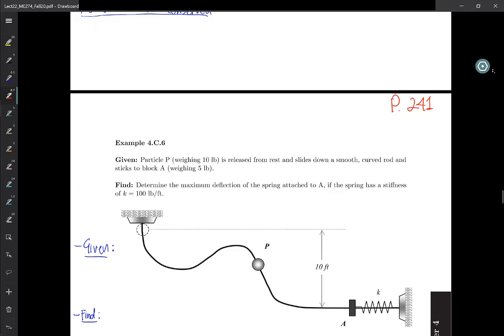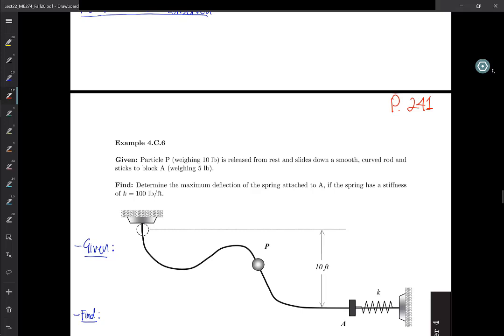4C6. I always like this problem. It's one of my favorite problems because this is the type of problem that I can put on an exam, and if you have not studied and have only looked at other problems, it tricks you. It's a tricky problem. We have a simple statement.